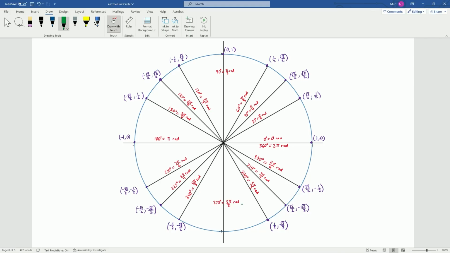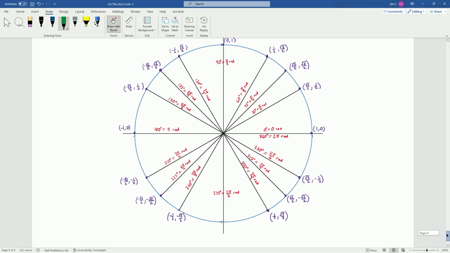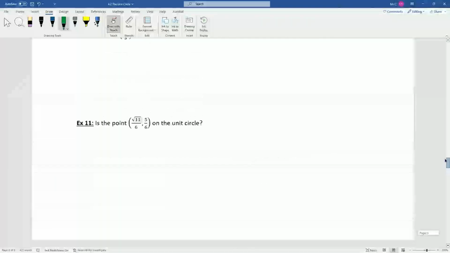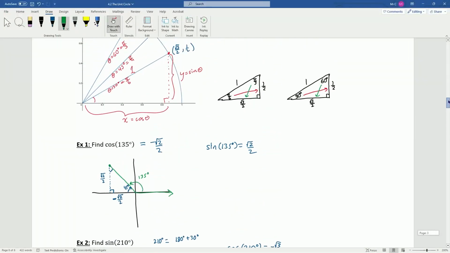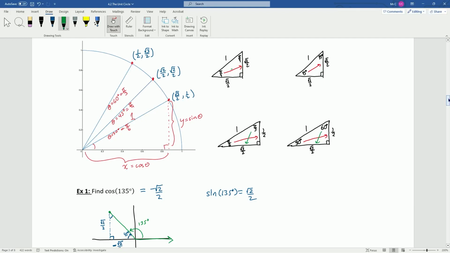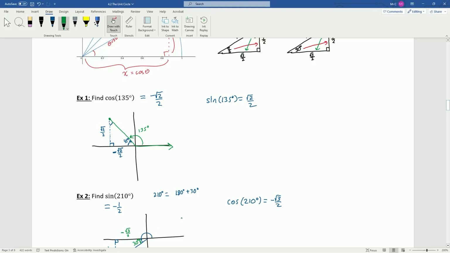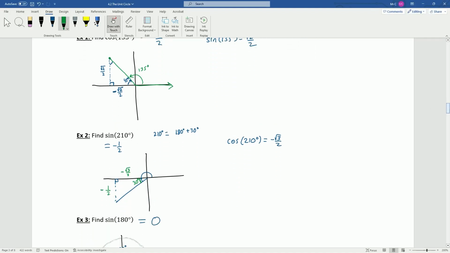It's much easier to do what we did before, which is instead of memorizing all of these values, to just remember 3. Across from pi over 4 is root 2 over 2, across from pi over 6 is 1/2, and across from pi over 3 is root 3 over 2. If you can do that, and you can draw your angles, then you know the whole unit circle already.